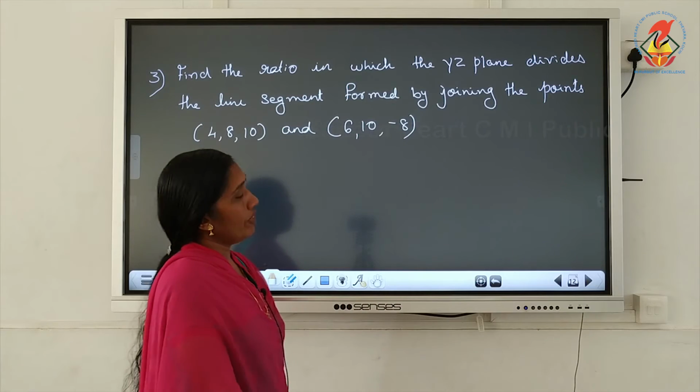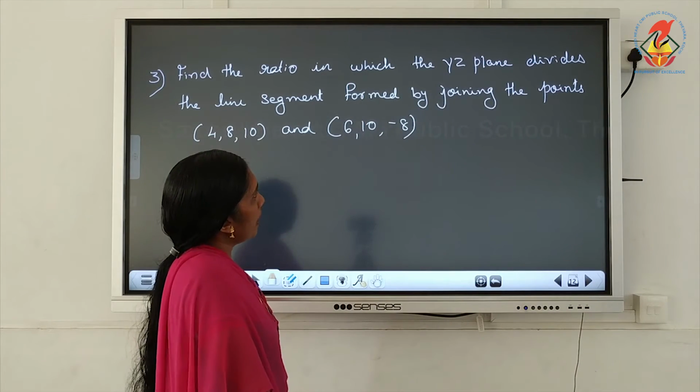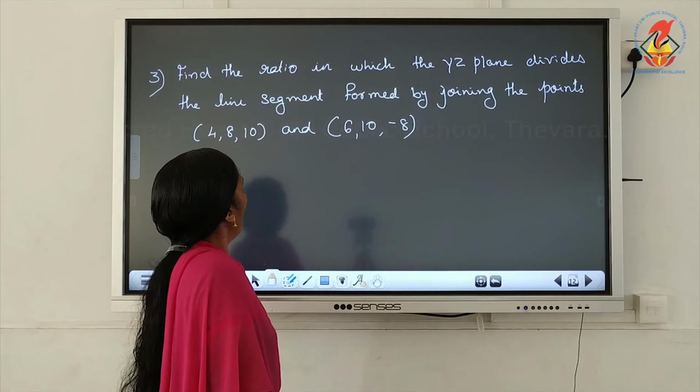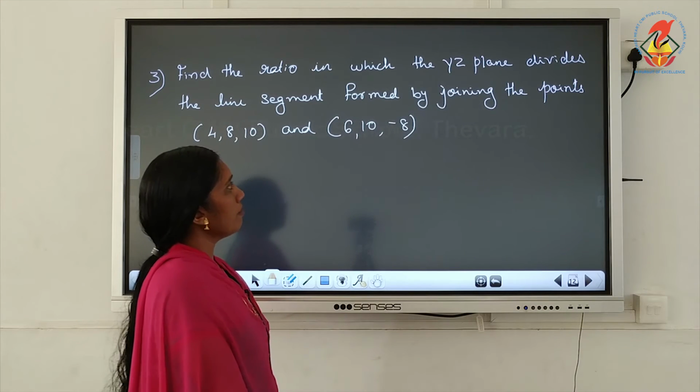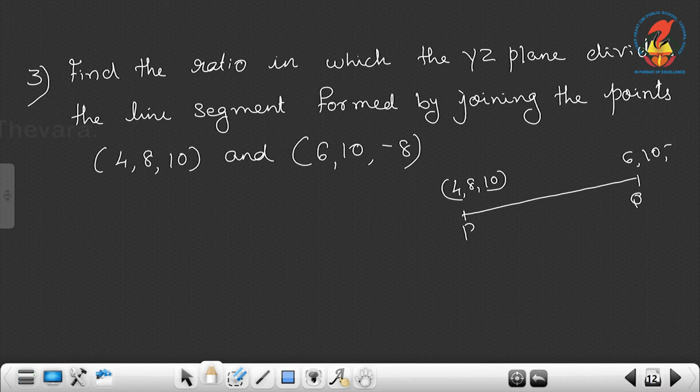Find the ratio in which the YZ plane divides the line segment formed by joining the points 4, 8, 10 and 6, 10, minus 8. So, here also 2 points are given. Let the point be P and Q: 4, 8, 10 and 6, 10, minus 8.